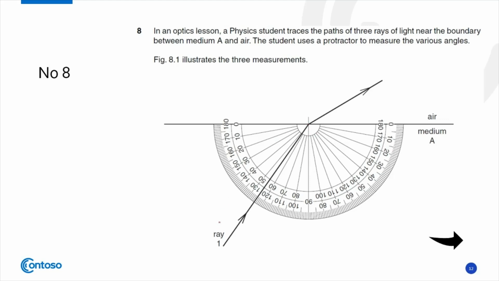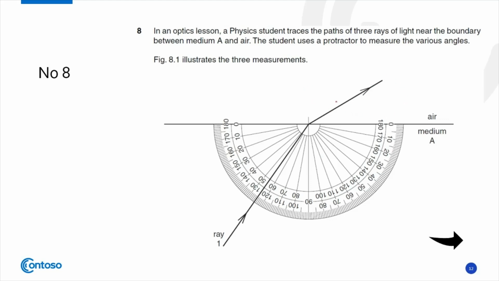See here, this is the incident ray. This is the refracted ray. The refracted ray is farther from the normal. This means that the light comes from a denser medium to a less dense medium.